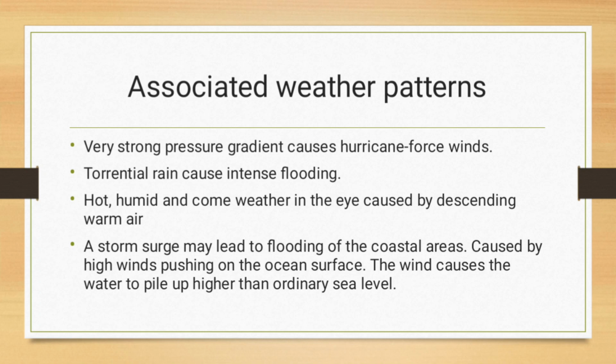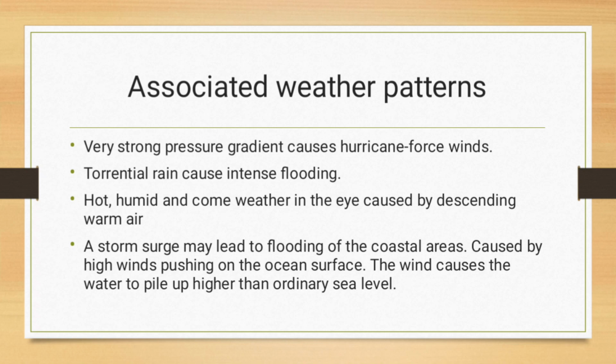There must be torrential rain that is going to cause intense flooding. There will be so much rain that is going to cause floods. So the hot, humid, and calm weather in the eye is caused by descending warm air.